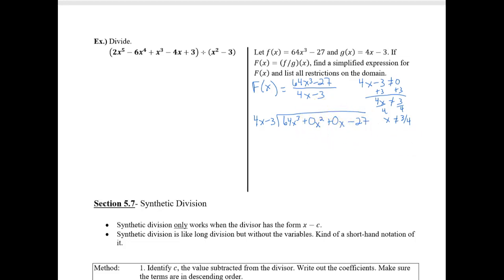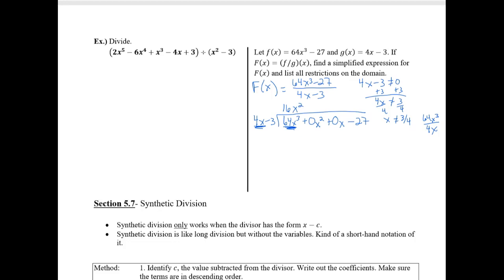You have to fill these in, okay? Now I can start my division. So first I divide 64x cubed by 4x. I'm going to make a little side note here. 64x cubed being divided by 4x. I take the first term divided by the first term. 64 divided by 4 is 16, and x cubed divided by x is x squared.